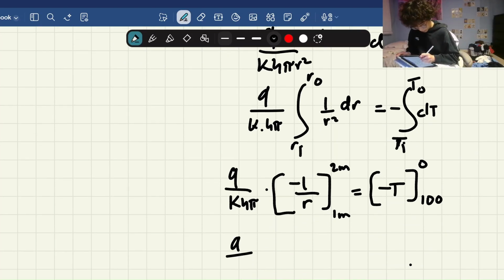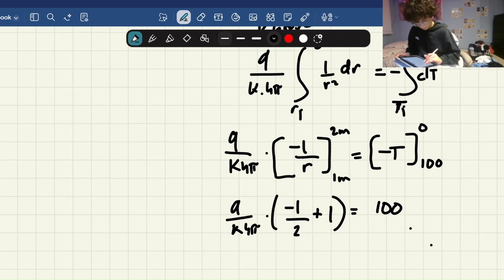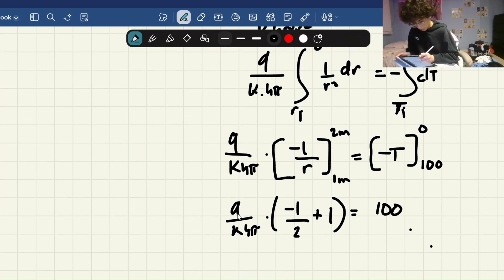So I'm just gonna continue down here, and I'm gonna keep solving this. K 4 pi equal to 1/2 times 100.